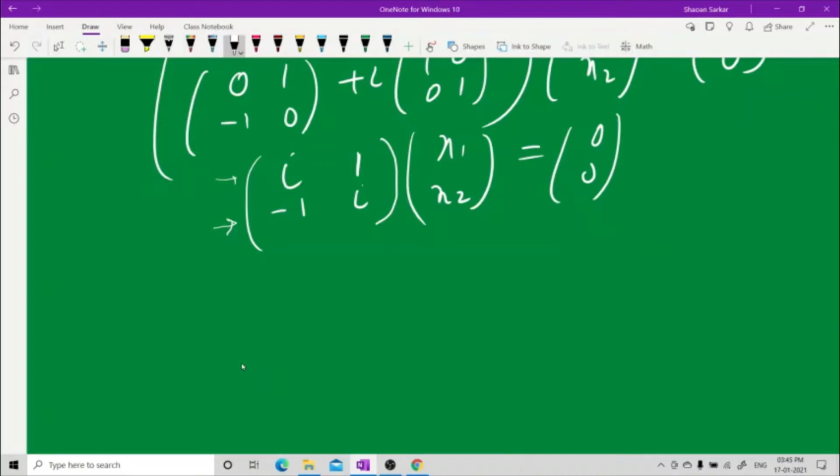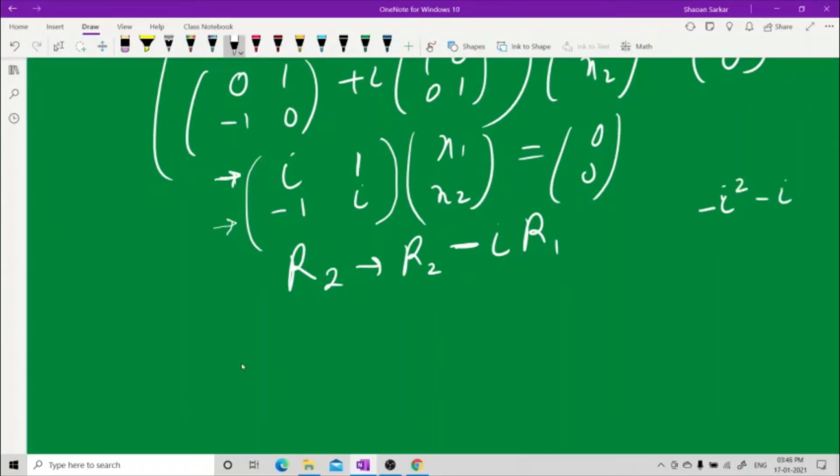See, what I am doing is, R2 I am replacing with R2 minus i R1. See what happens. When I multiply the first row by minus i, this becomes minus i square minus i.